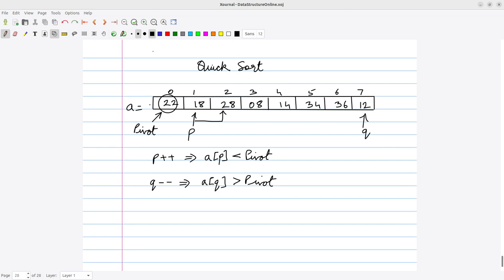Is 12 greater than 22? No. Now neither can P move ahead nor can Q move back. So in this case we will swap the elements stored at A of P and A of Q.